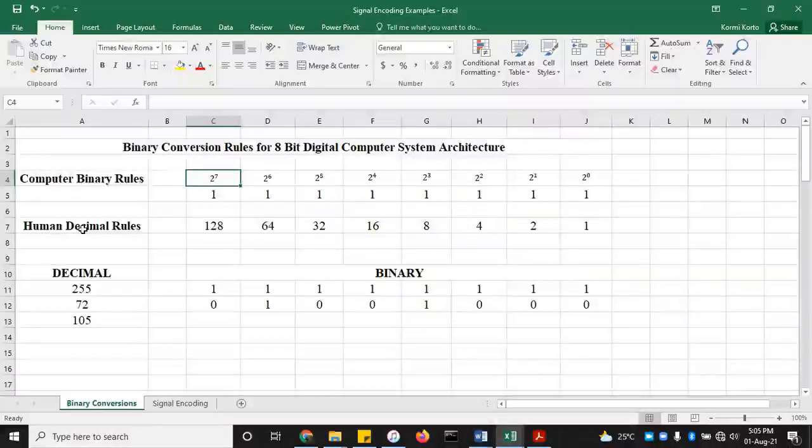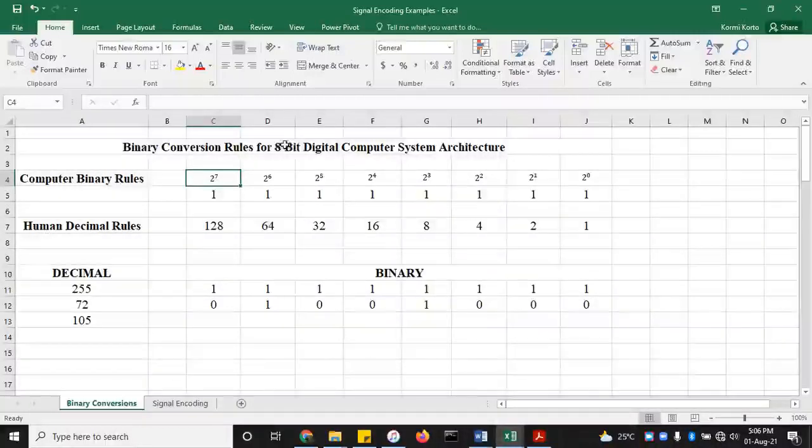When counting it's mostly from 1: 1, 2, 3, 4. You don't start from 0. So in decimal rules, which is base 10, we start from 1 and count on up. Okay. Now let's go back to the computer binary rules again.